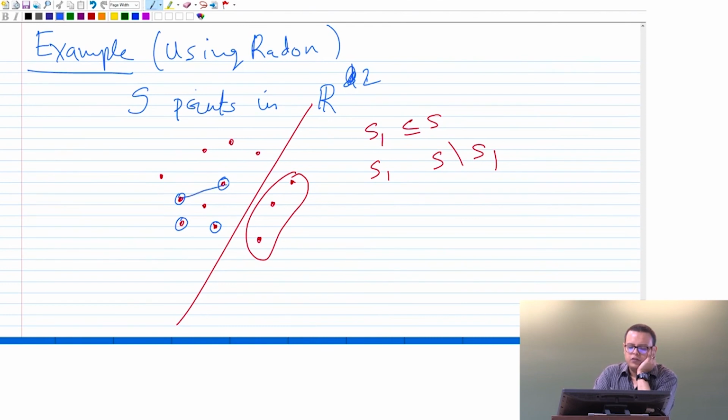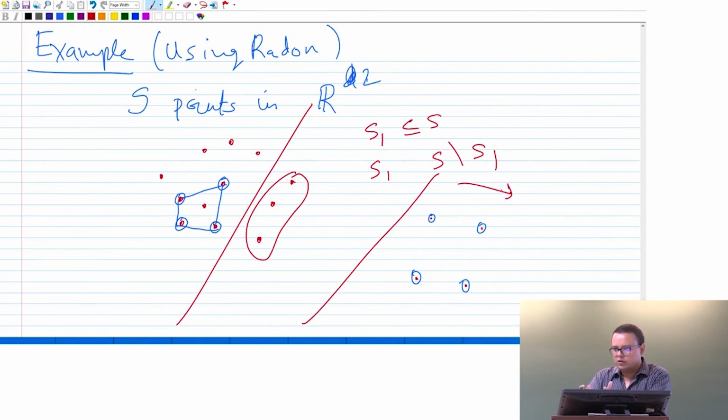Because the main observation is that the convex hull contains this red point. Any line that can separate these blue points from the rest of the red points means that one side of the line will contain these blue points. This side is a convex side, so it will obviously contain the convex hull of these points.